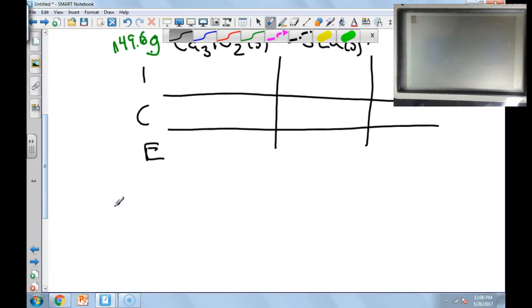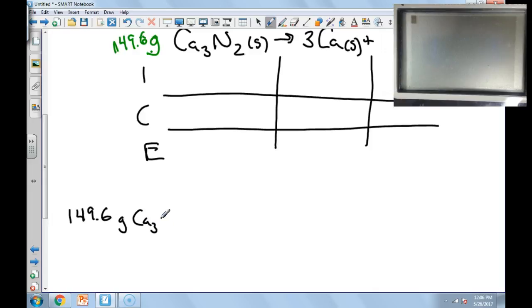So we need a periodic table and we need a calculator. So I have my calculator, I have my periodic table. So we're going to do 149.6 grams of Ca3N2. We're going to X-line this. We're going to do a conversion, and we're going to go from grams to moles. Well, what allows us to interconvert between grams and moles? Well, molar mass.